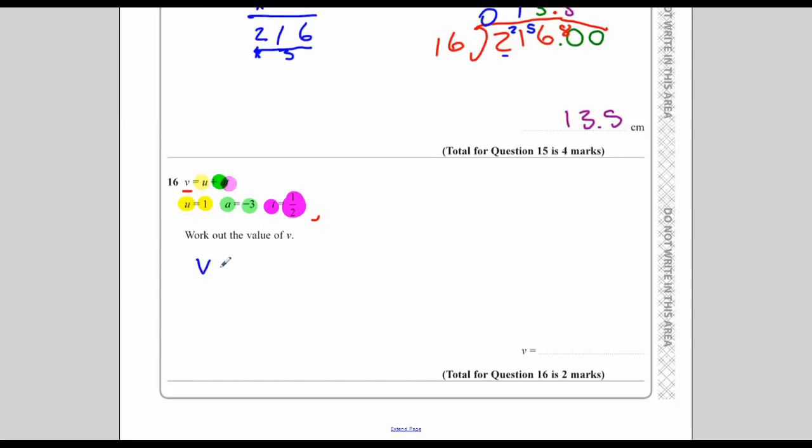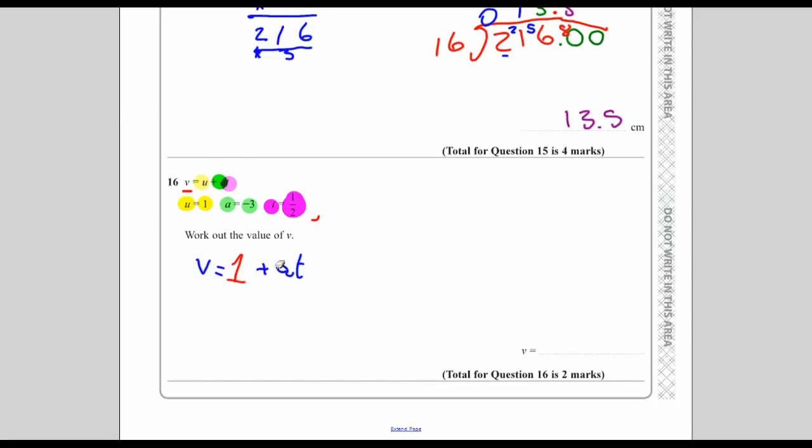So the equation was V equals U plus AT. U we're going to put as 1. So let's scrub U out and put 1. A is minus 3. Okay.